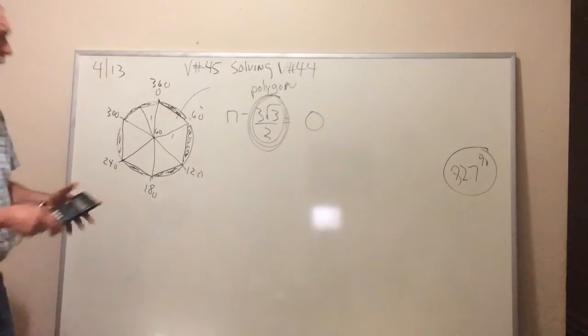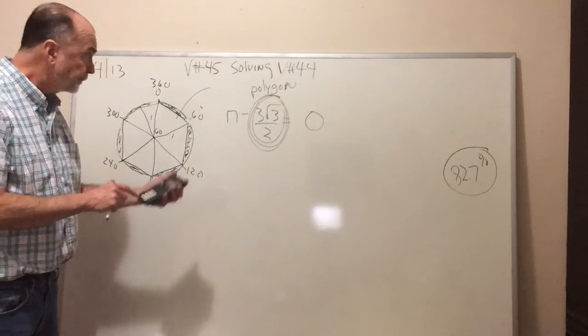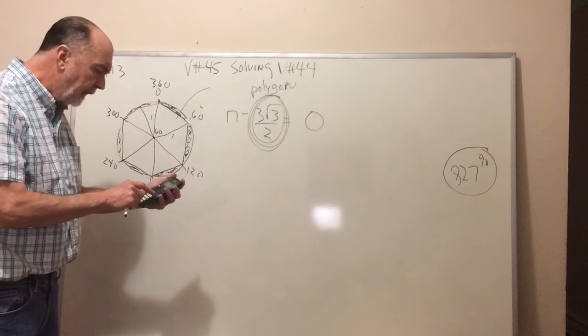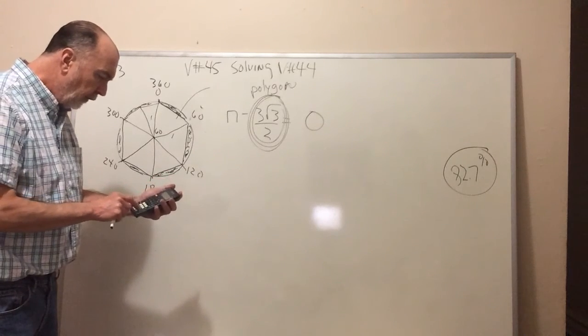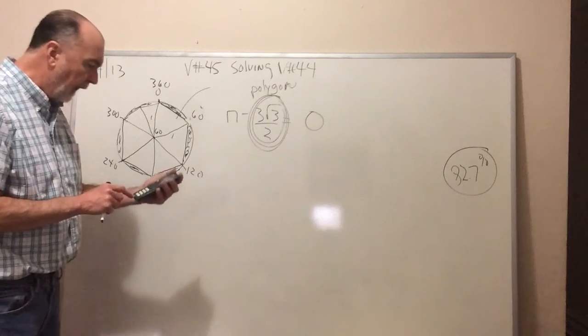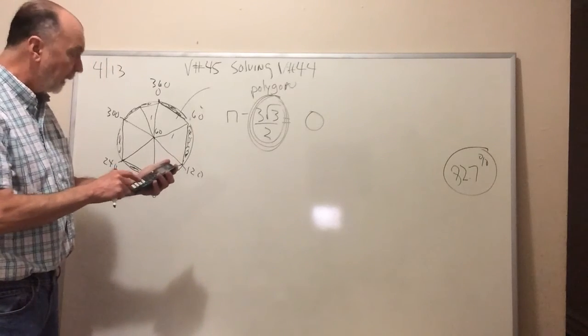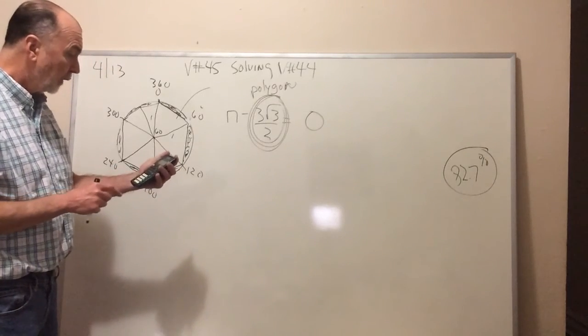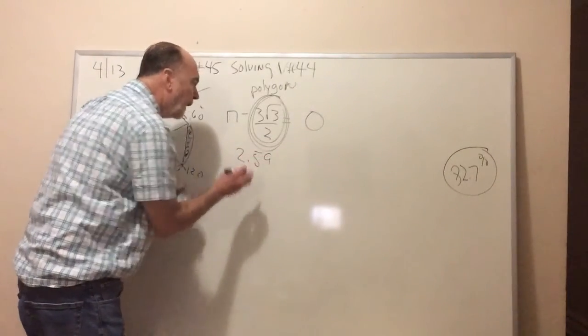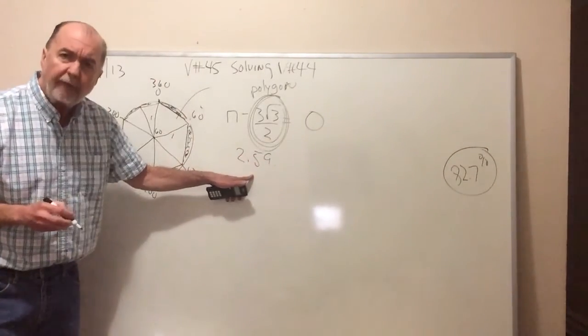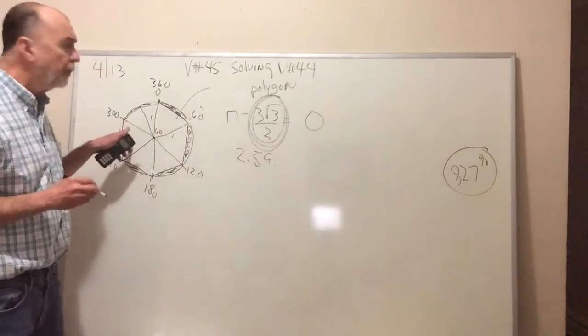Now, if we put this into the calculator here, we do it again, 3 times radical 3, and I enter that, and then I divide it by 2. Okay? The number's 2.59, etc. But this number will be approximating pi as you go up with the number of sides.